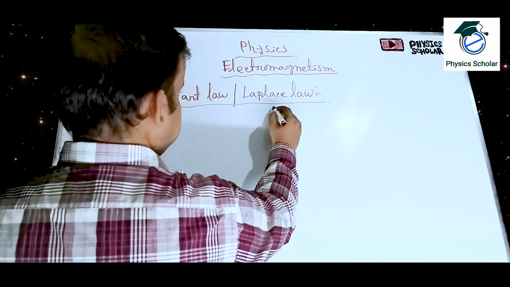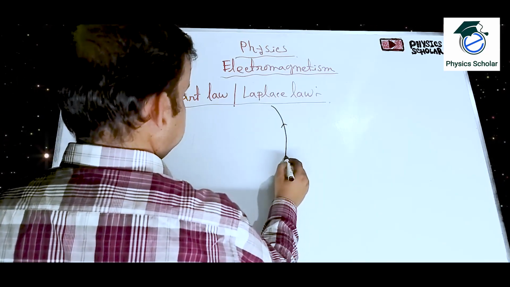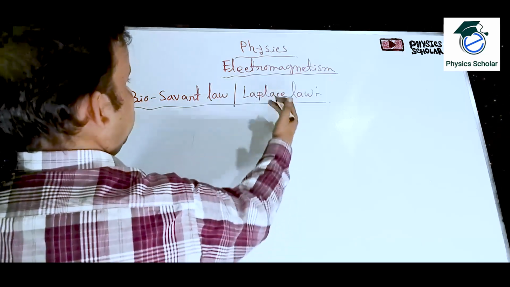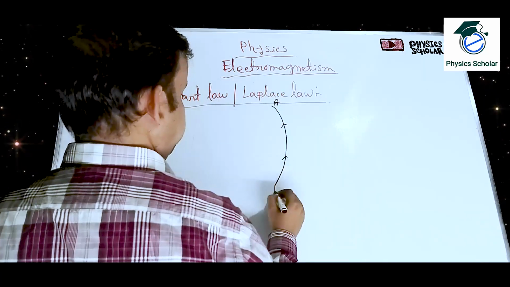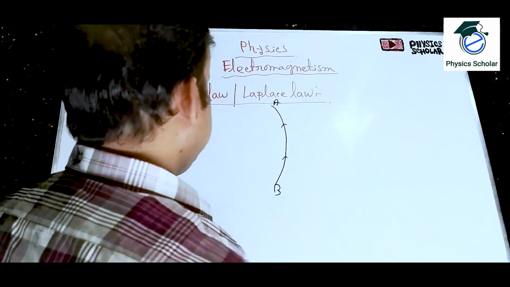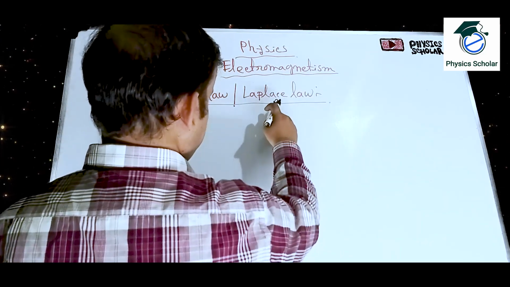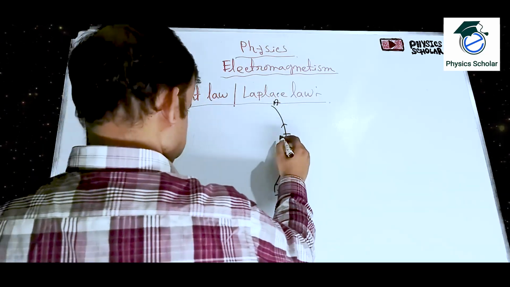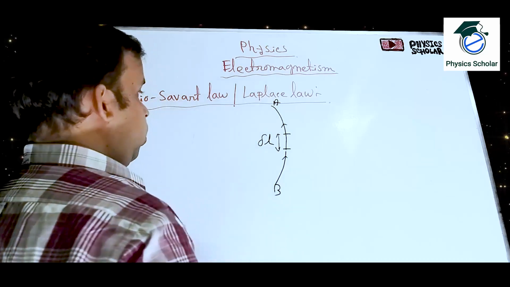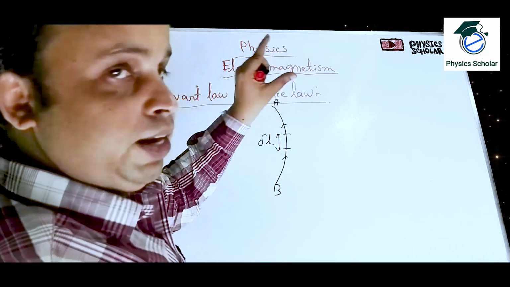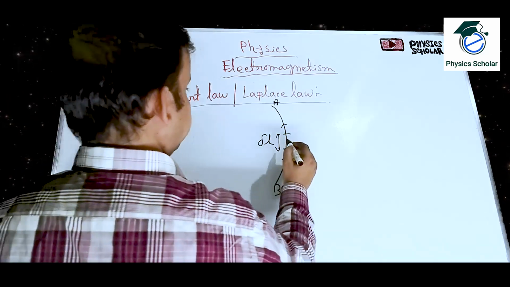So suppose it is a part of a conductor, circular or semicircular, whatever. Clear? It is a part of the conductor. Suppose A and B. We are considering only a part of the conductor, and the total length suppose is L, but we are taking a small length, suppose it is delta L. A small part of the conductor we are considering. Okay.